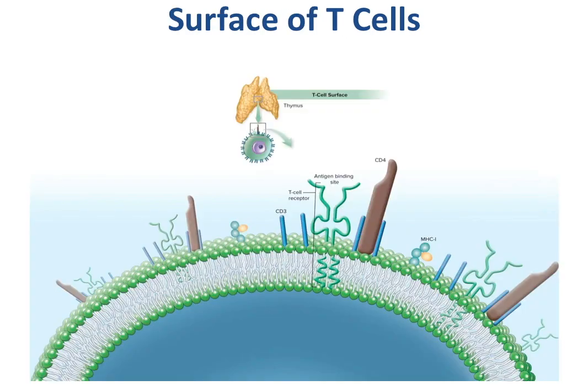So we can see this is the surface of T cells. Here this is CD4. This is the antigen binding site, and CD3 actually can be. So this is MHC1.